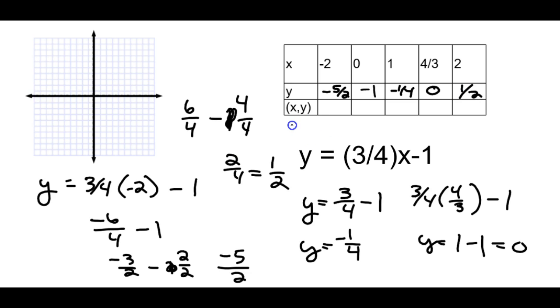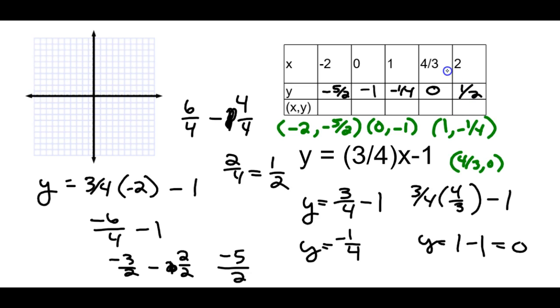So that leaves us with the rest of this chart filling out, just putting these as ordered pairs. So we end up with negative 2, comma, negative 5/2, 0, comma, negative 1, 1, comma, negative 1/4, 4/3, comma, 0, and 2, comma, 1/2.